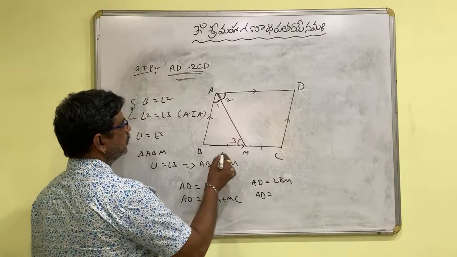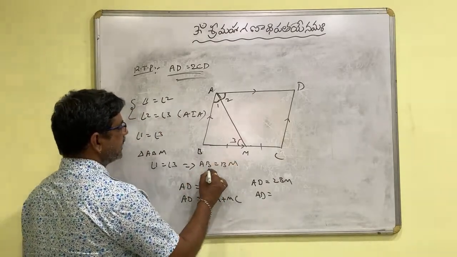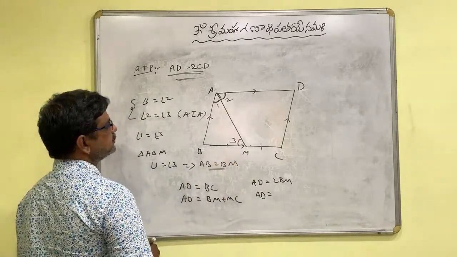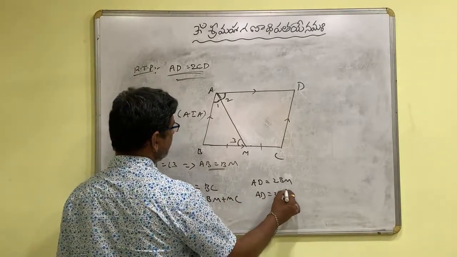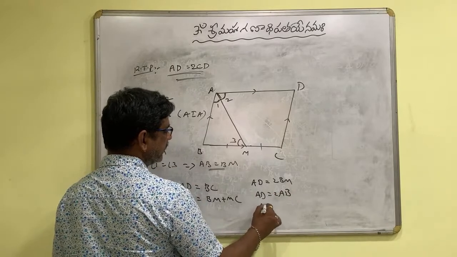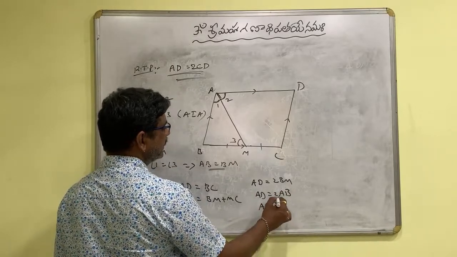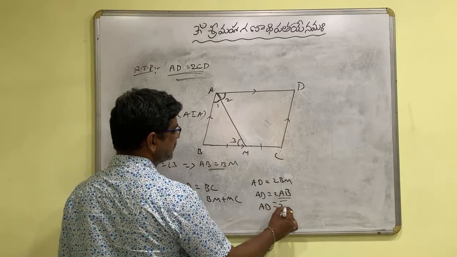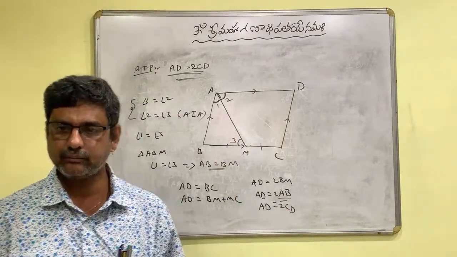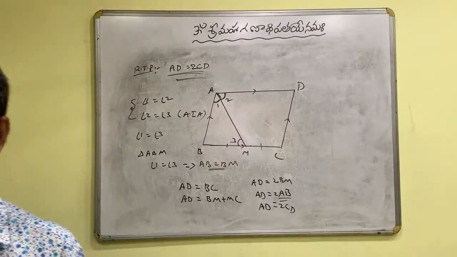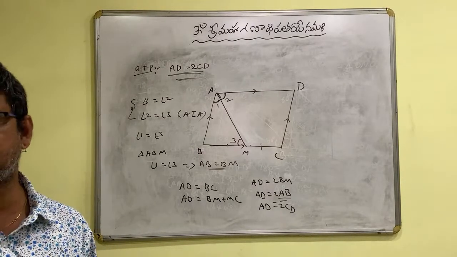And 2BM, but BM is equal to AB, BM is equal to AB. So AD I can read as 2AB. Again AD is equal to, instead of 2AB I can write 2CD because AB and CD are equal, opposite sides of parallelogram.